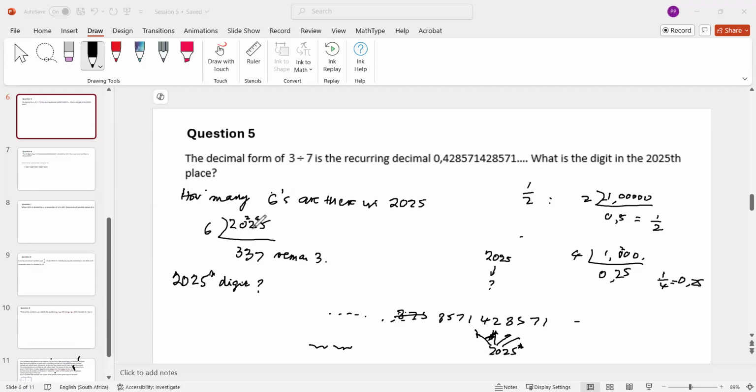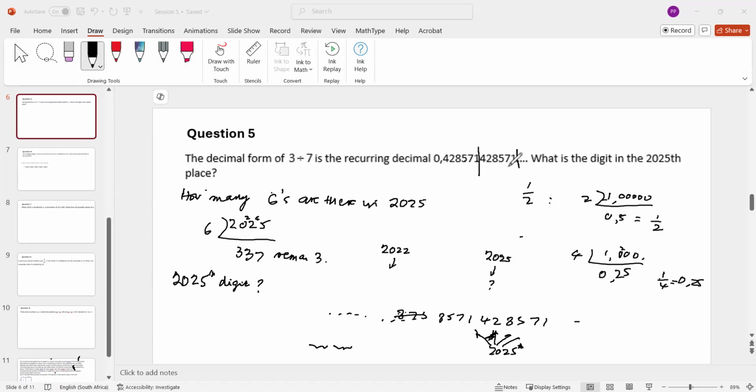So the 2022, right? The multiples of 6 end here, right? But the 6th number is 1. 1, 2, 3, 4, 5, 6.